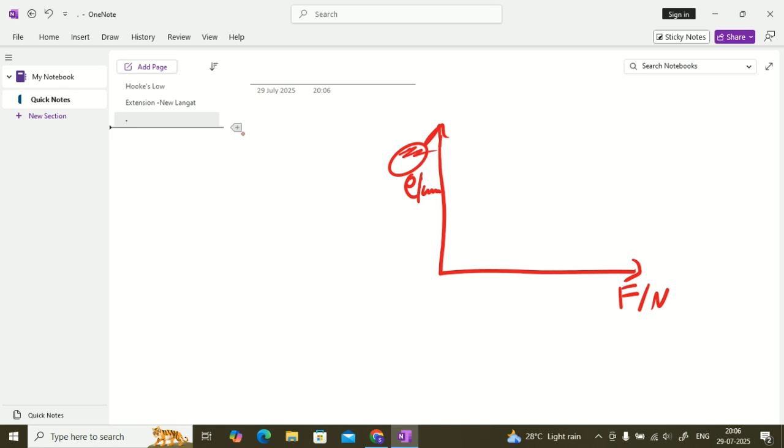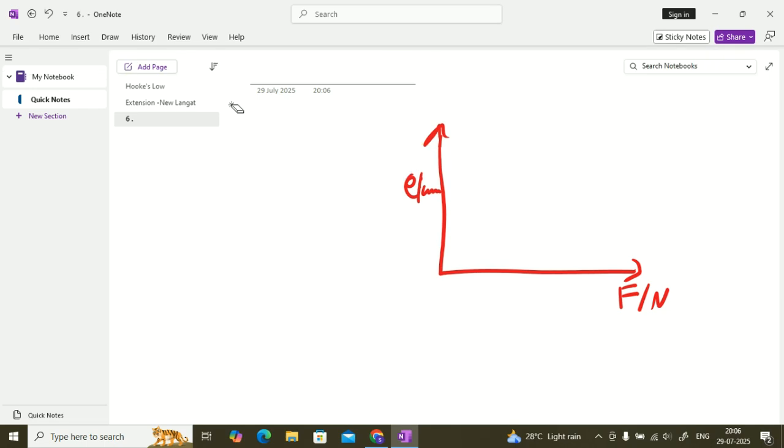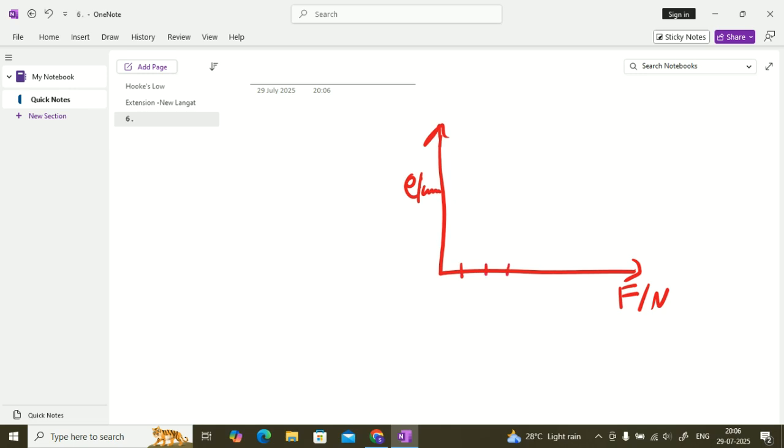Okay. So here we are going to plot this particular thing. If I'm going to plot, let's say 10, 20, 30, 40, 50, 60, 70, 80, and here the extension is in the form of 8 centimeters as we could see in the experiment.